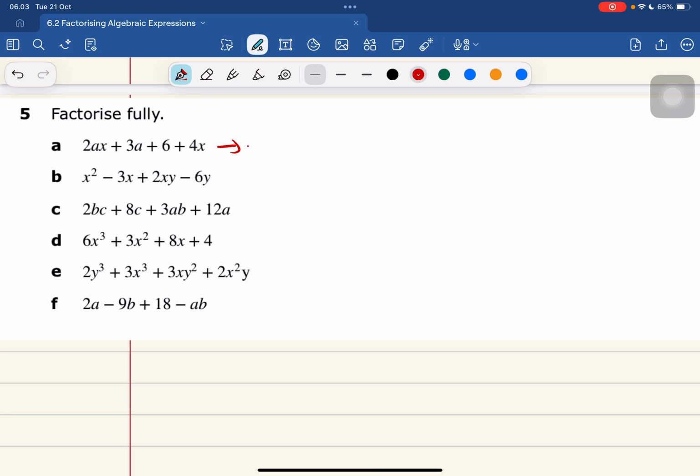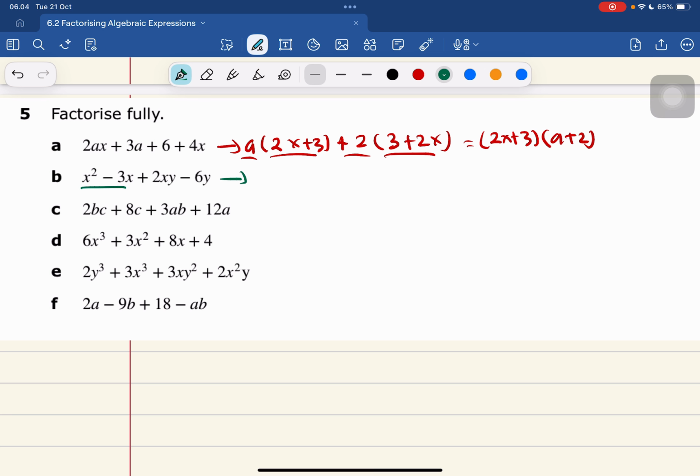So it's gonna be a times 2x plus 3, and then plus, we factorize 3 times 3 plus 2x. Okay, we got the common 2x plus 3 or 3 plus 2x. They are equal. So let's write it 2x plus 3 multiplied by a plus 2. Okay, there we go.